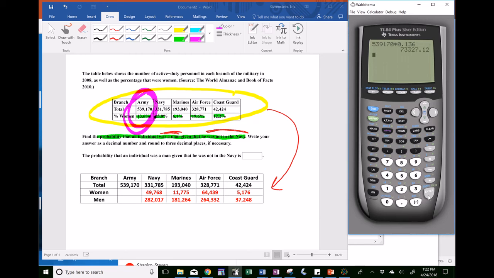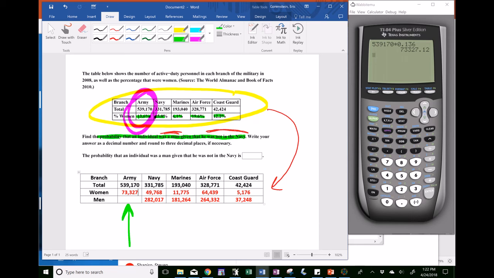Okay, so it looks like 73,327.12. We can't have 0.12 women, so we'll round that to a whole number. So down here, back to that table that I'm completing, in the Army, that 13.6% now represents 73,327 women.